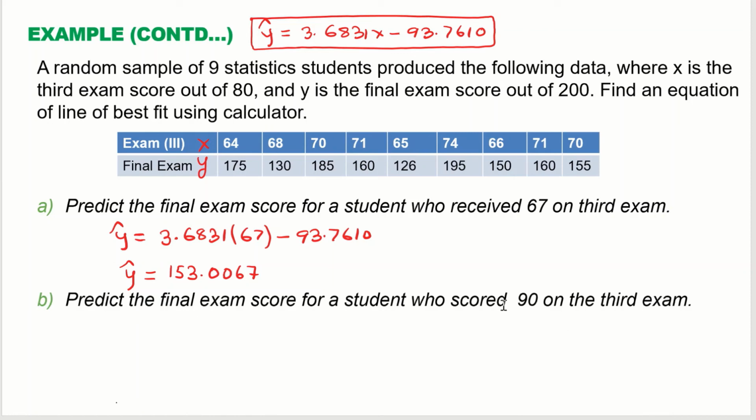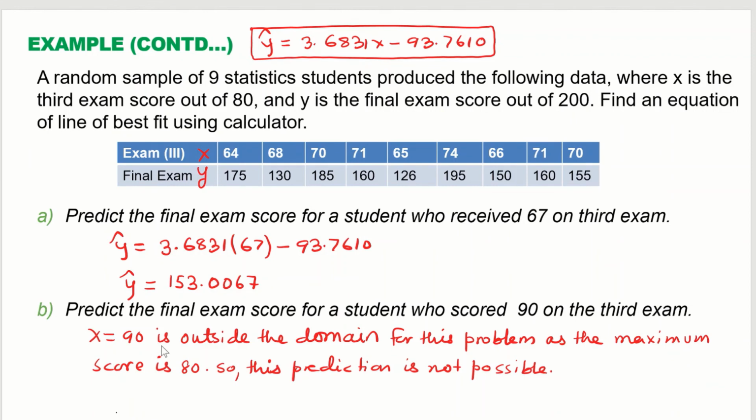That will be the answer for this one. You cannot make a prediction because it is outside the domain, or 90 is more than the maximum points that the student will get in the third exam. So the prediction is not possible.